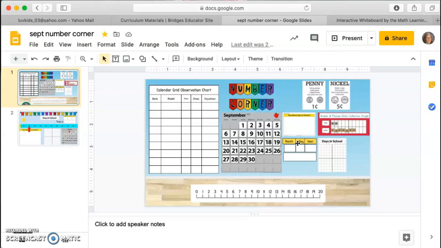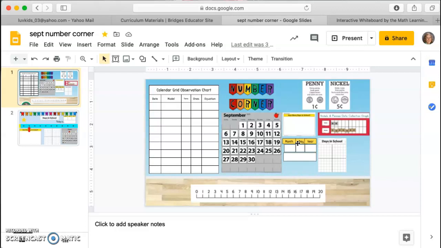Can you represent by drawing fingers? Can you represent by drawing the number of objects, which today is 3? Can you represent with coins? Can you represent with tallies?